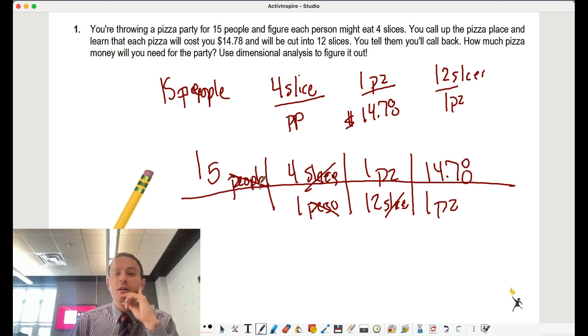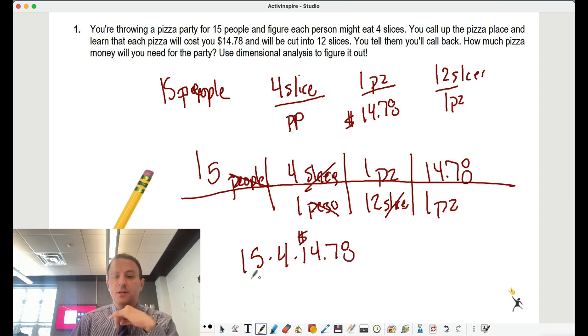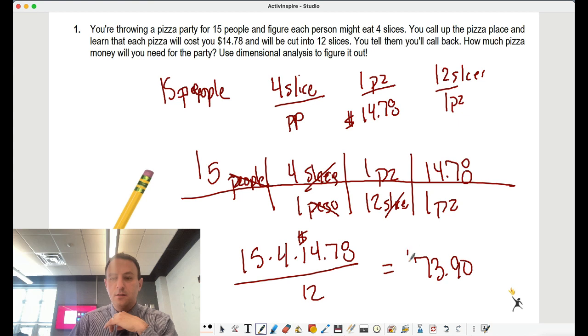So as we work the problem, all those variables cancel out. So you're left with 15 times 4 times 14.78, and the last thing you have is dollar sign all over 12. So you end up getting $73.90 for how much money it would cost you to buy pizza.